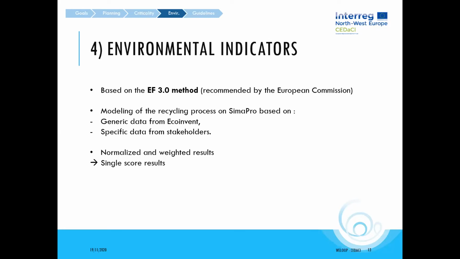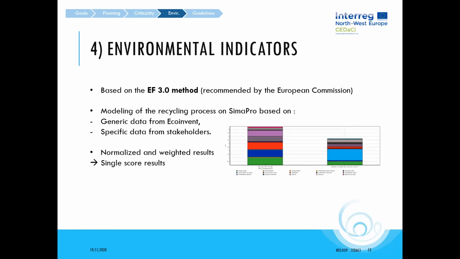So single score results allow the comparison between two types of equipment or between two products. So here, for example, you have a single score graph. And as you can see here, the product with the lowest single score is also the one with less environmental impact.